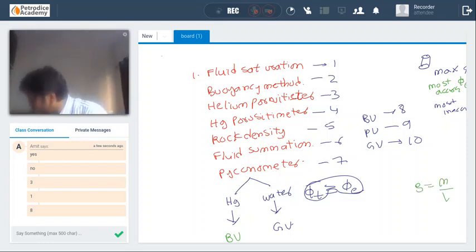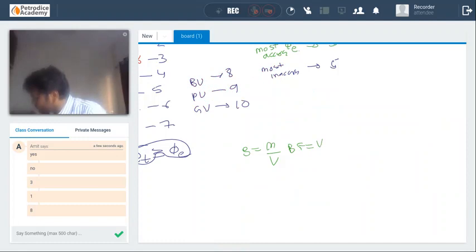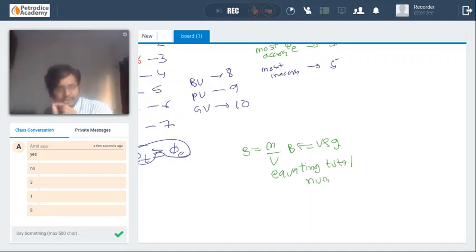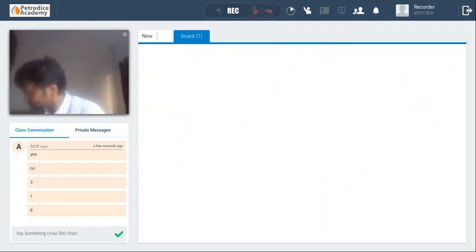Density is equal to mass by volume, buoyancy force is equal to V rho g, and equating the number of moles. That's it. Do remember this, guys. For any numerical, you can use these three methods to calculate the porosity. Okay. Let's go to the next concept.